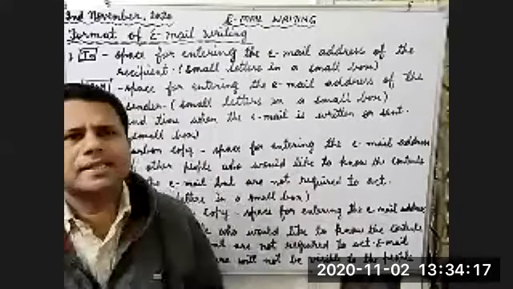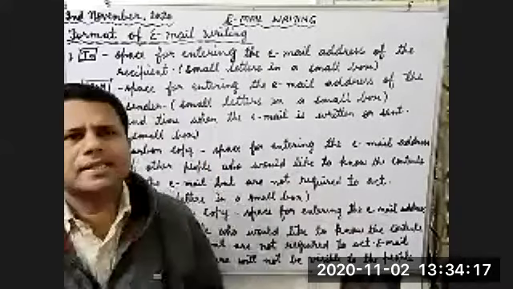Very important point here: date and time. This is very important. You have to mention the date when you are writing the letter or when you are sending the letter, and the time will also be there, right? You have to write the time also, date and time when the email is written or sent.